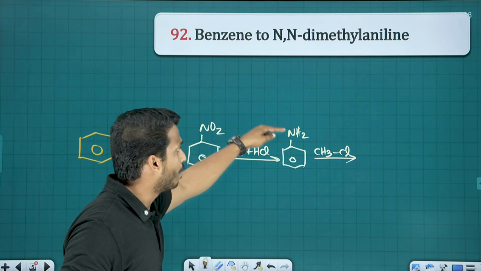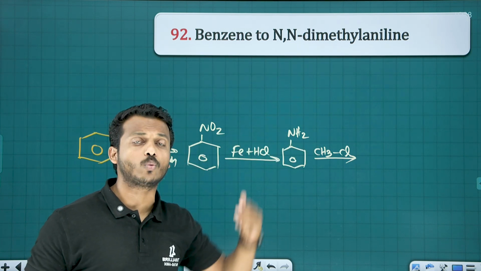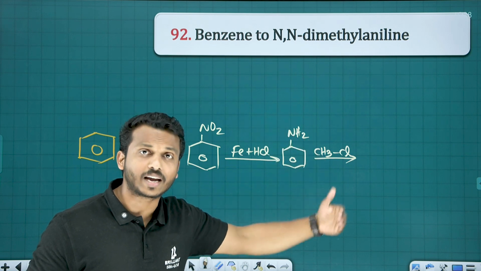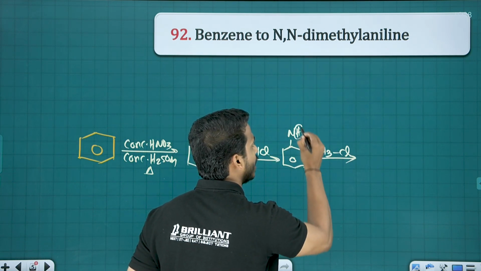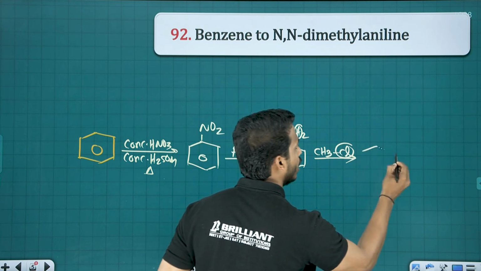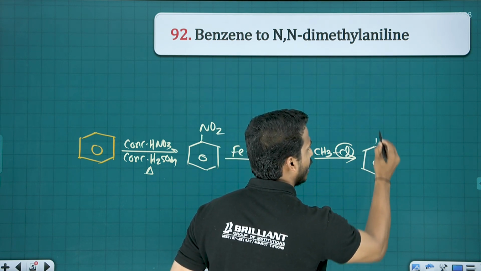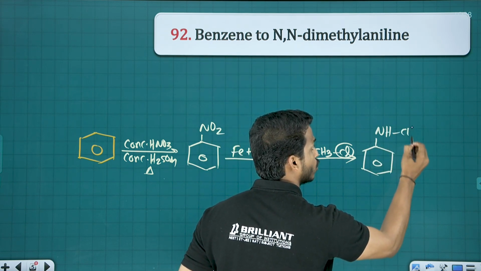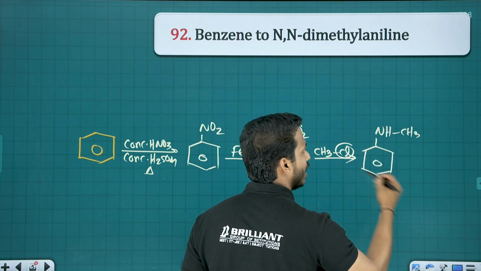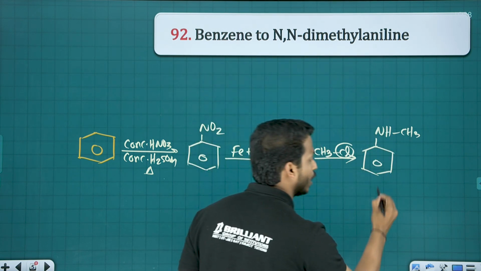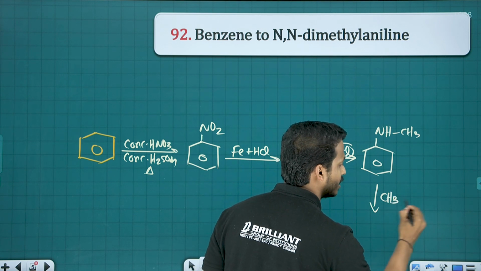When amines react with the haloalkane, primary becomes secondary, tertiary, up to quaternary. So when you add 1 CH3Cl, 1 HCl is cut out, and you get benzene with NHCH3. What do you call this compound? N-methylaniline. We need 1 more methyl group, so add 1 more CH3Cl.